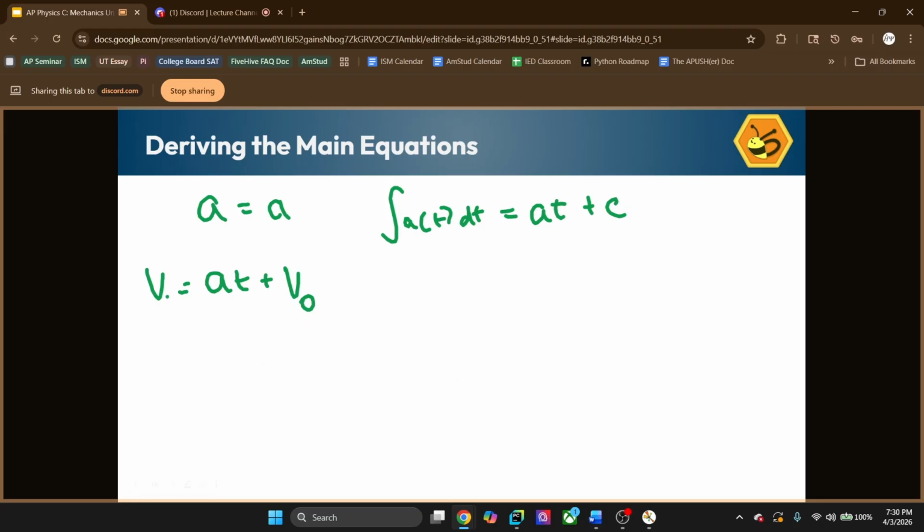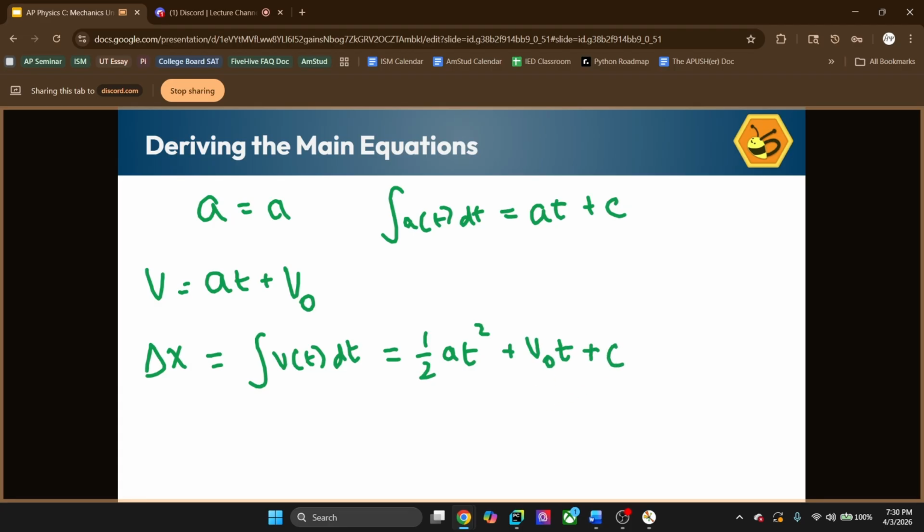And from here you can derive the position equation. So delta x is equal to the integral of v of t dt. Once you integrate that, this becomes 1/2 at squared plus v naught t plus c, right?